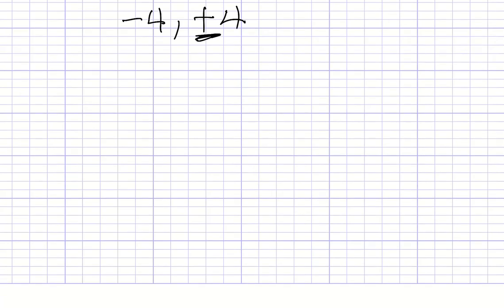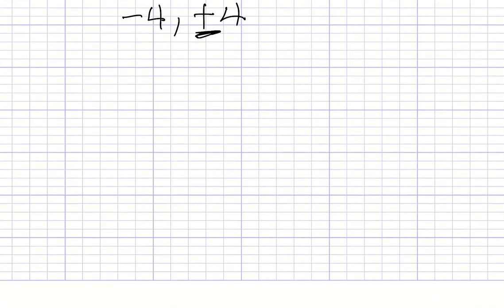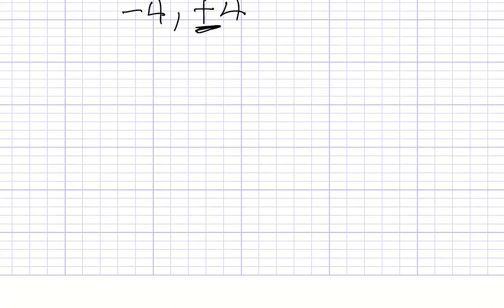Let's do addition, subtraction, multiplication, division, using what they call signed numbers. When they say signed numbers, what they mean is like negative 4, positive 4. We normally don't write the positive sign here. But let's do operations using the idea of negative 4 and positive 4, right?